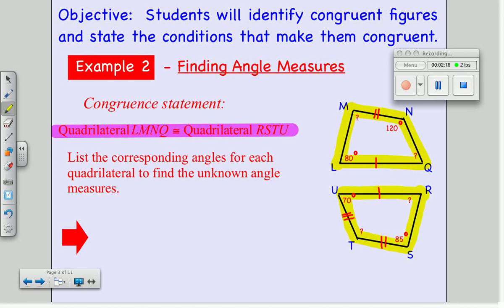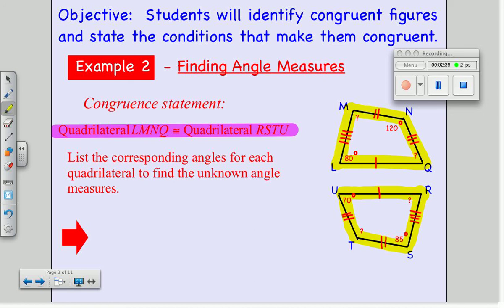Which line is that congruent to on the other quadrilateral? NQ, here. And then finally, this line, the last one, is congruent to the last one, this line. So now I see which ones are congruent to each other, or corresponding, I should say. The ones that correspond, all right?